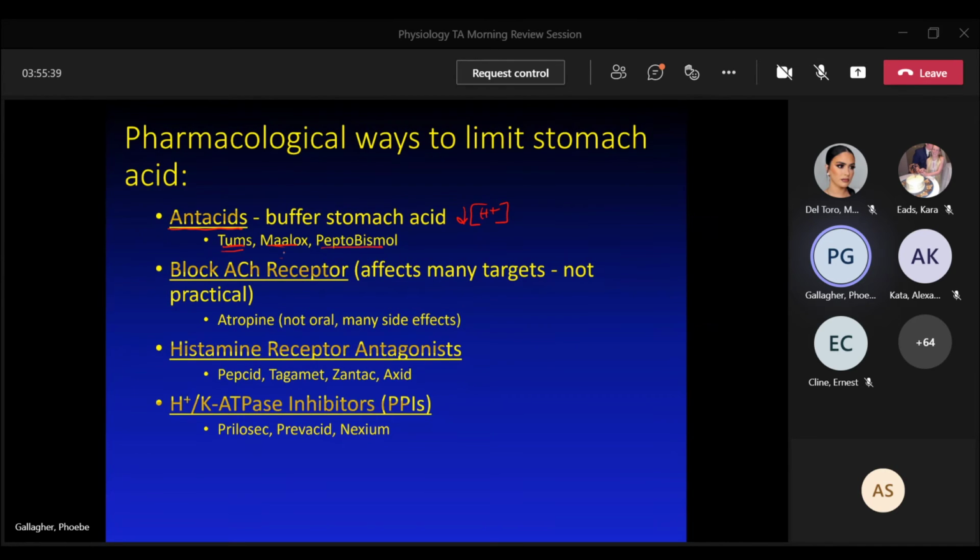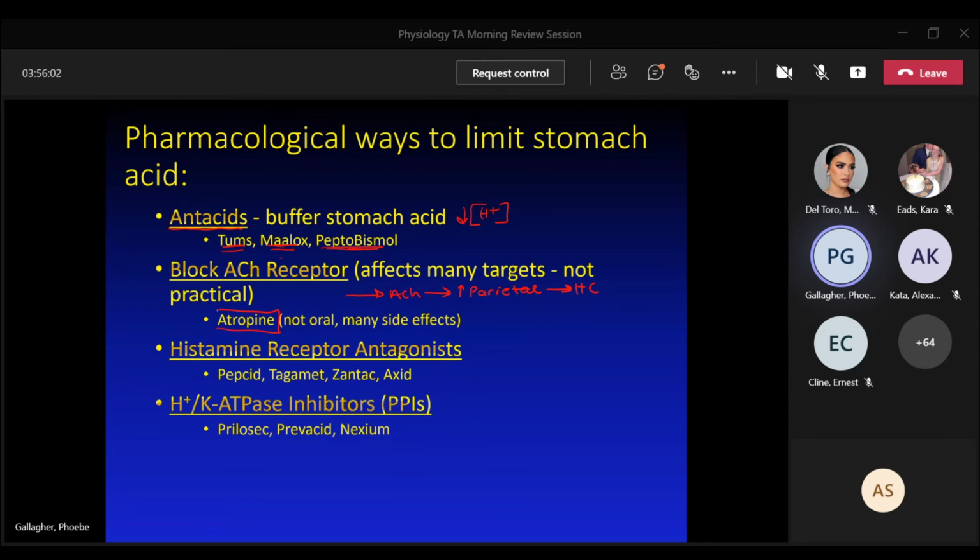So these are your Tums, your Maalox, and your Pepto-Bismol. So they're pretty common. Anything that blocks your acetylcholine receptor, remember, acetylcholine is going to be important for increasing your parietal cell secretions. So that's going to be inhibited or decreased when you block acetylcholine.